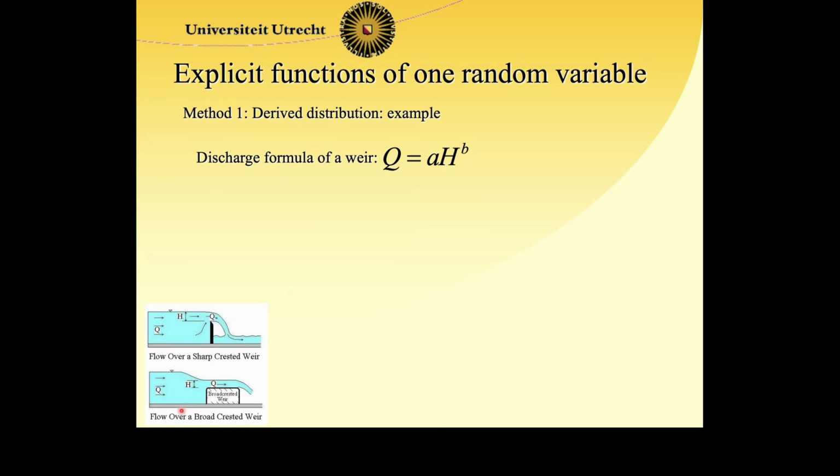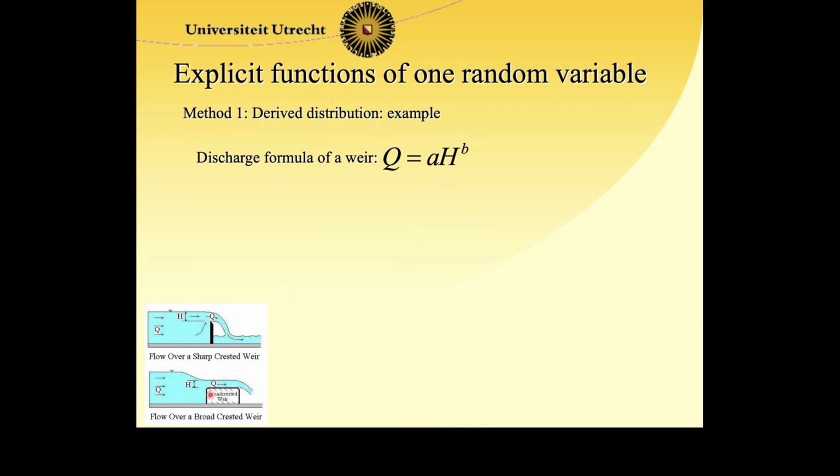If you've done a hydraulics or hydrodynamics course, you can derive a unique relationship, because here we have supercritical flow. So any disturbances downstream don't impact the upstream water level. So there's a one-to-one relationship between water level and discharge. And the form of that is usually a power function. Q is A times H to the power of B.